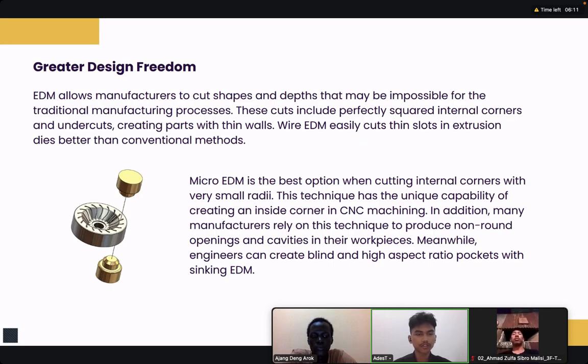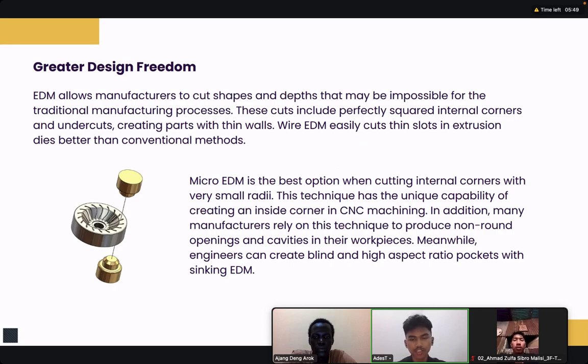EDM allows manufacturers to cut shapes and depths that may be impossible for traditional manufacturing processes. These cuts include perfectly square internal corners and undercuts, creating parts with thin walls, and EDM also easily cuts thin slots in extrusion dies better than conventional methods.